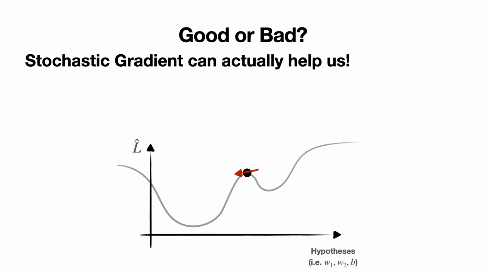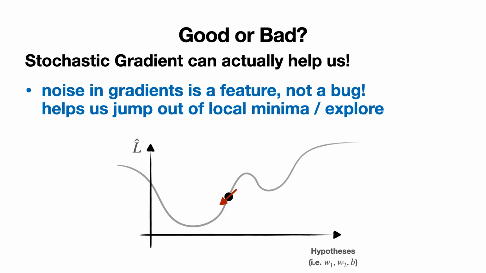The gradient gives you direction, the noise gives you exploration, and that helps you defend against some of the trickiness of gradient optimization. For convex optimization you don't want to do this, but for non-convex it's helpful. So it's not a bug, it's actually a feature, helps us jump out of local minima.